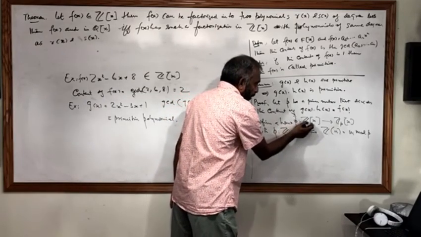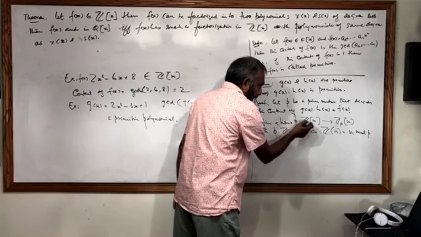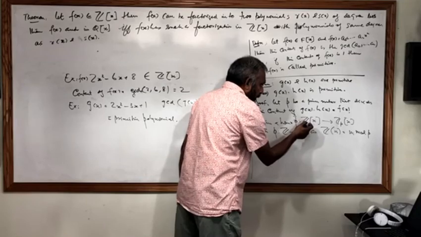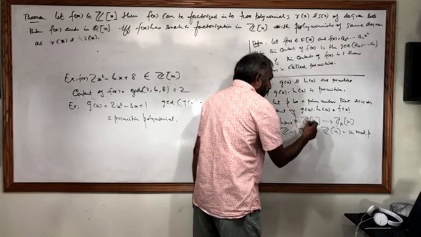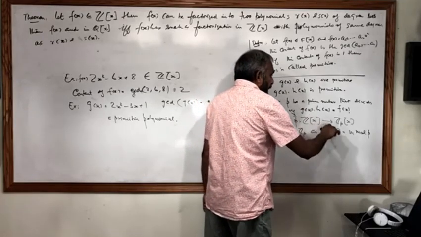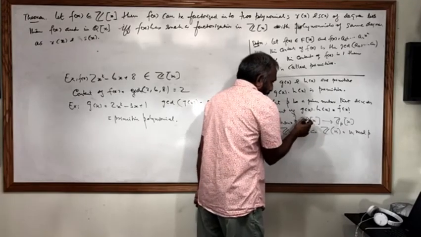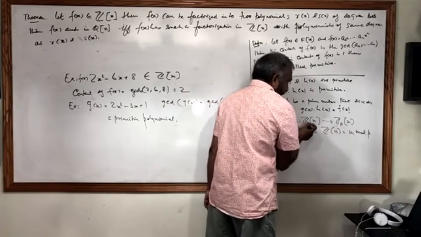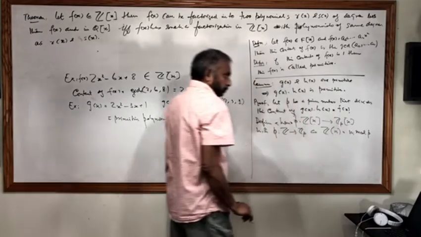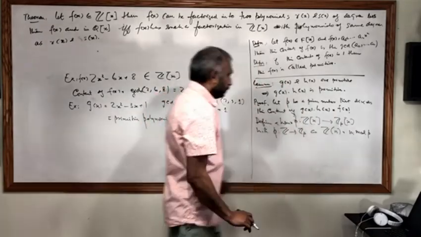If you take a polynomial here, replace each coefficient with n mod p as the coefficient, and that's what this one is.